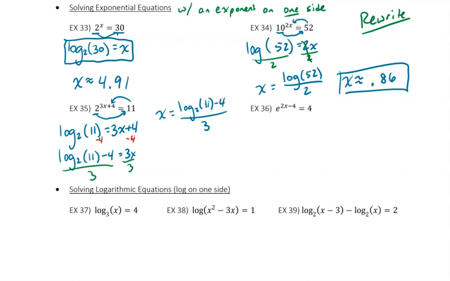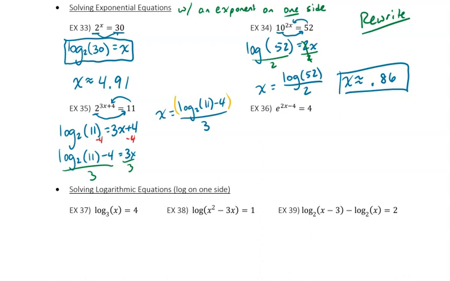Right? And then again, this depends on how your calculator puts it in, but when you're putting this in your calculator, you're probably going to need to put parentheses around that numerator just so it knows to divide everything by 3. And again, this one you also are going to need that log base function.